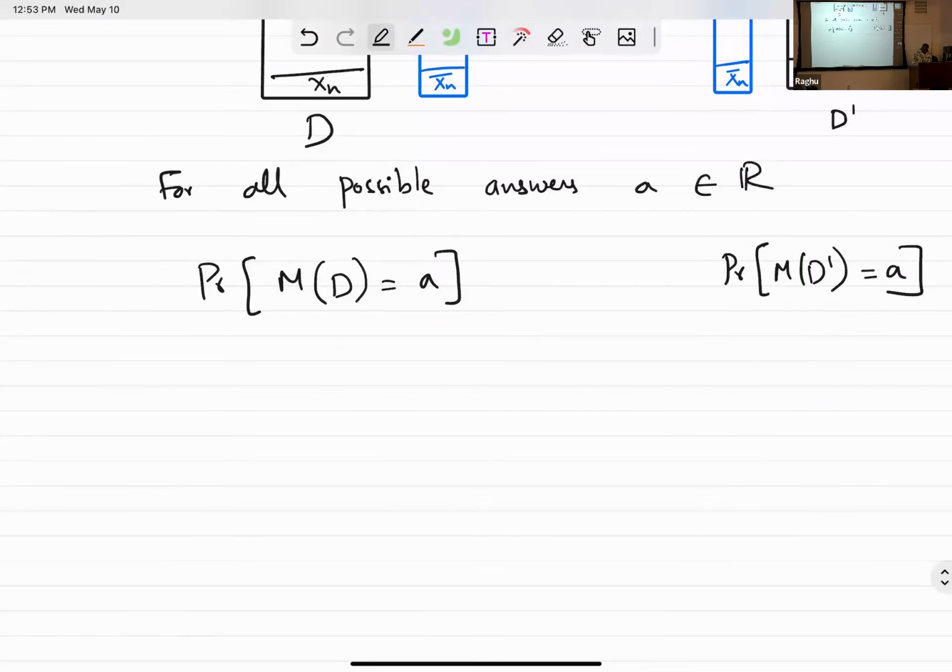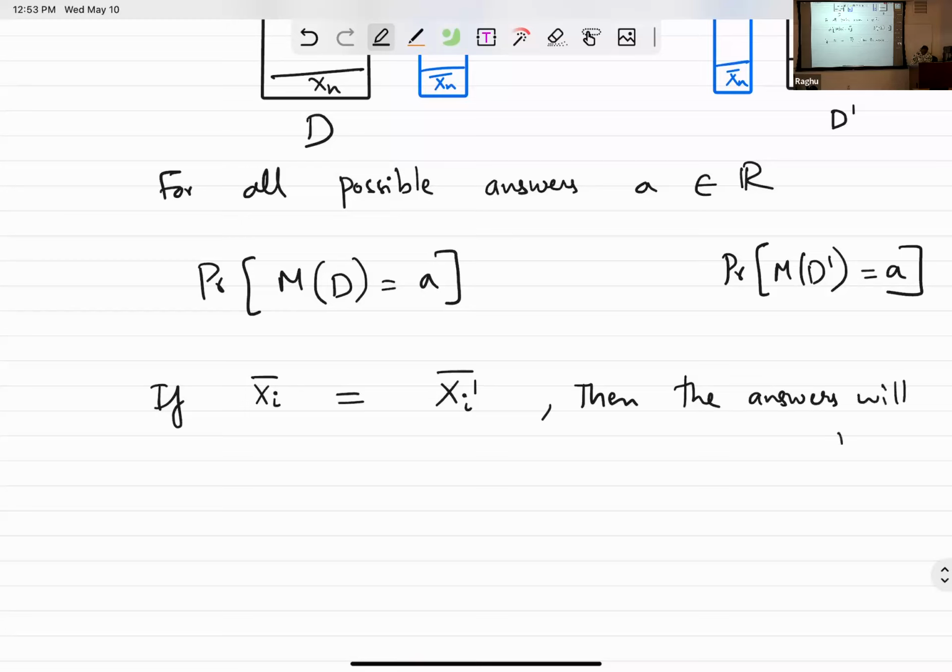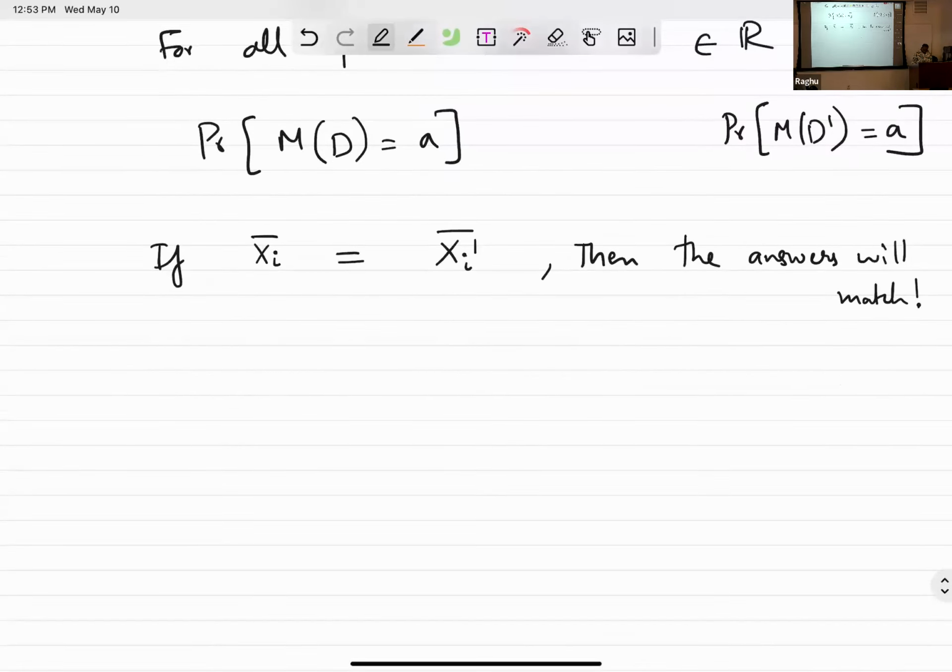Okay? So if xi bar equals xi prime bar, then the answers will match.